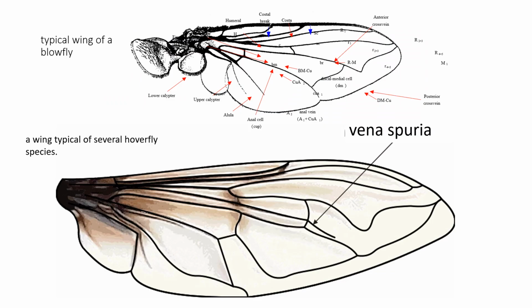So the top illustration is of another Diptera. Remember, they are members of the Diptera order, but you can see quite clearly the difference between a typical wing of an ordinary fly and the hoverfly, which has this vena spuria or spurious vein in the wing, and it really is quite distinctive, although you may well need a magnifying glass to spot it, or a good camera.